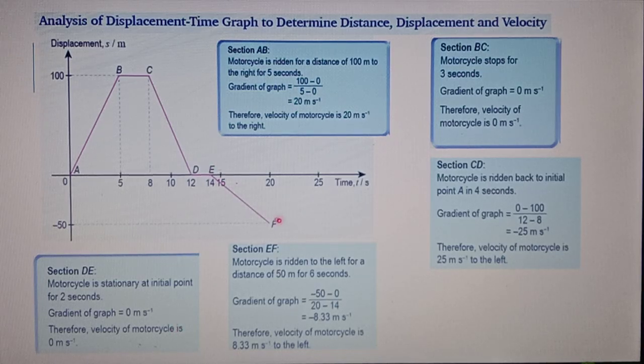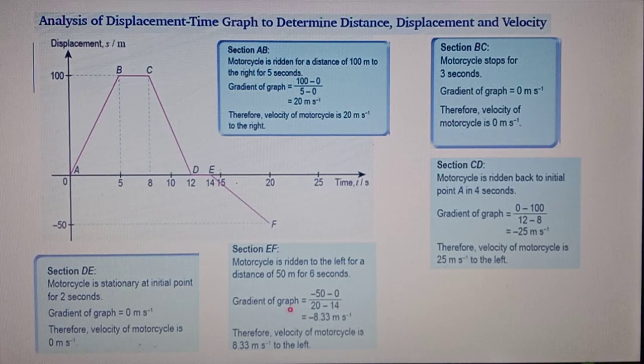And then EF. From E to F you can see displacement increases but the value is negative. So you can calculate the gradient. The motorcycle is ridden to the left for a distance of 50 meters in 6 seconds, continuing moving to the left.